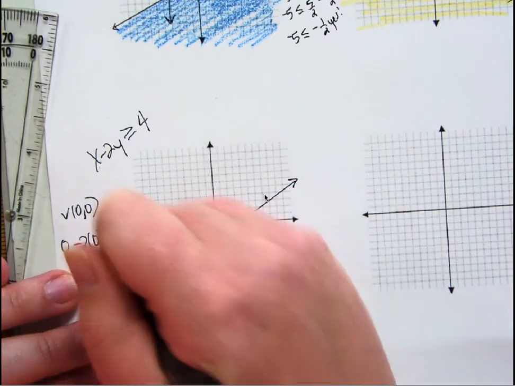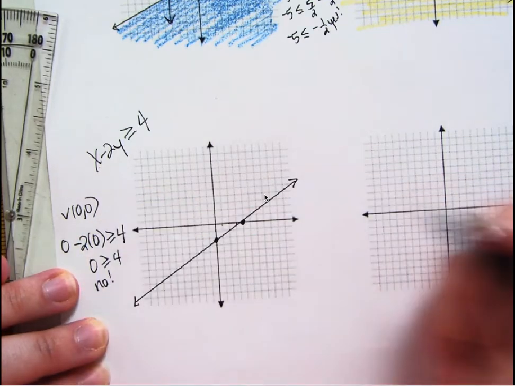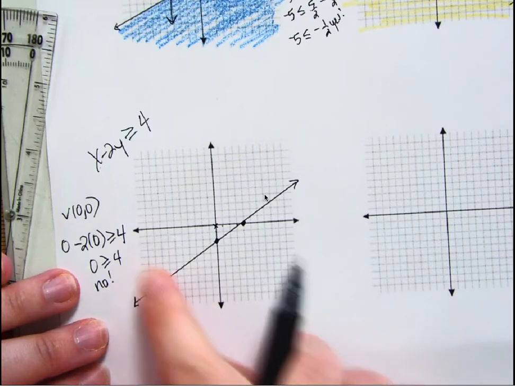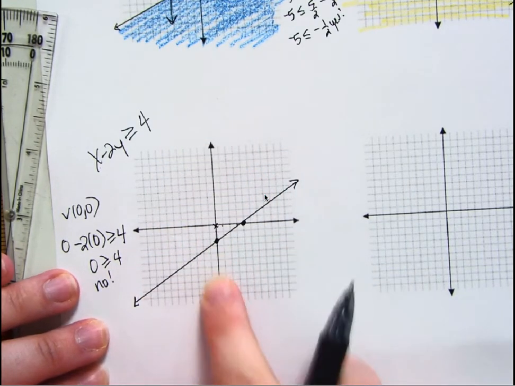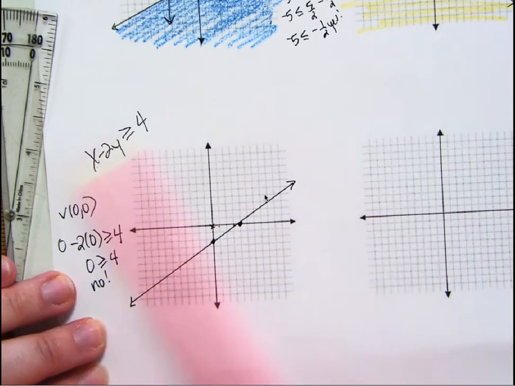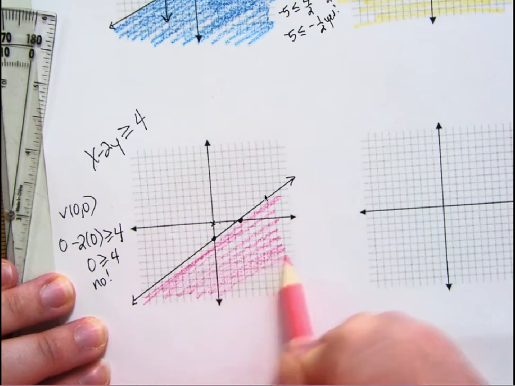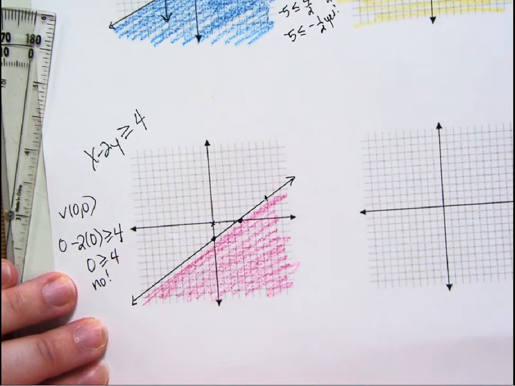Is that a true statement? Is 0 greater than 4? No. So I know 0, 0 was not a solution. That means no points on the upper side are solutions. In fact, all of our solutions are falling on the bottom side. So here are our solutions for this one.